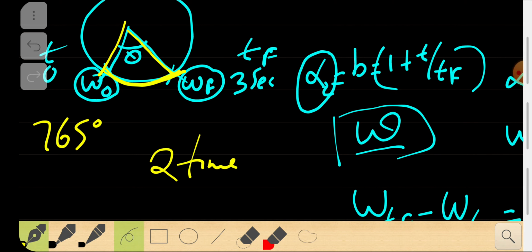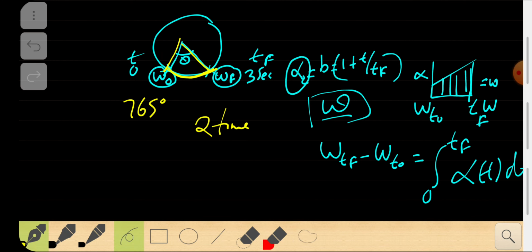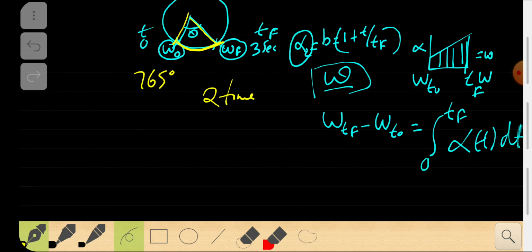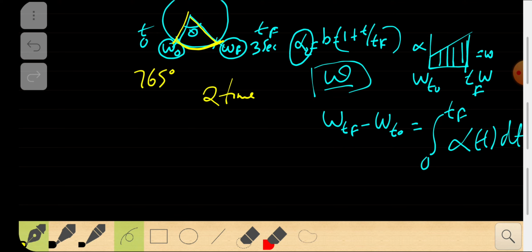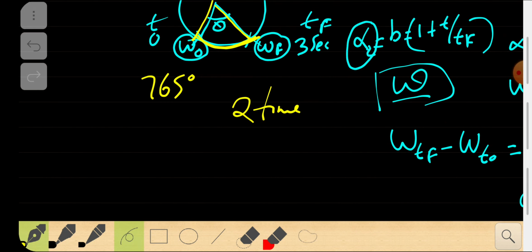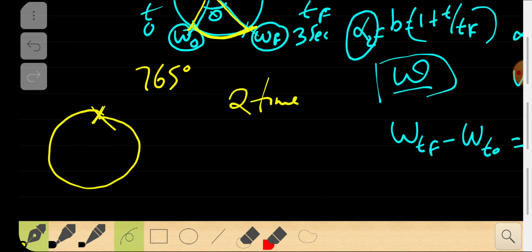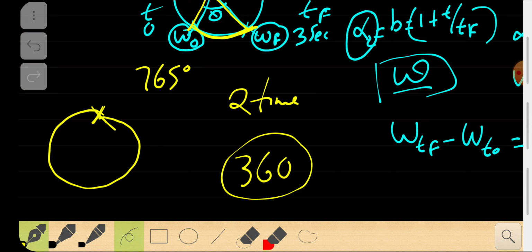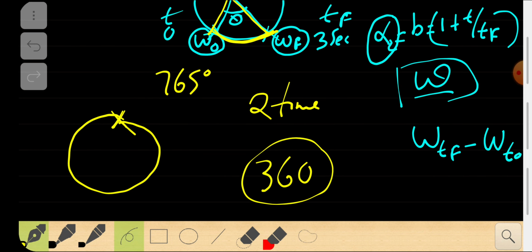So in 3 seconds, this body which is moving around with angular acceleration alpha and angular velocity omega will go around approximately 2 times. 360 is one rotation, so it will go around approximately 2 times. So that's the angle, that's the angular velocity, and that's the acceleration, how to find them.